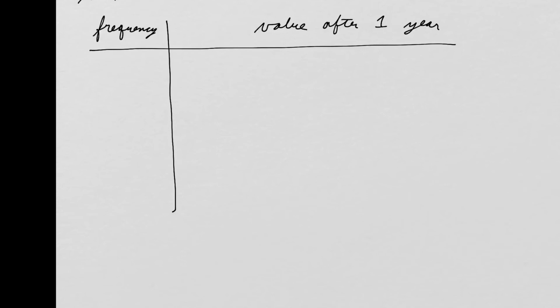So I'm investing $100, right? 10% is my APR, my annual percentage rate. And I want to find the value after 1 year, depending on how many times I compound the interest.